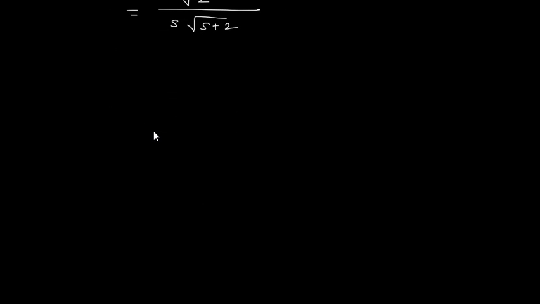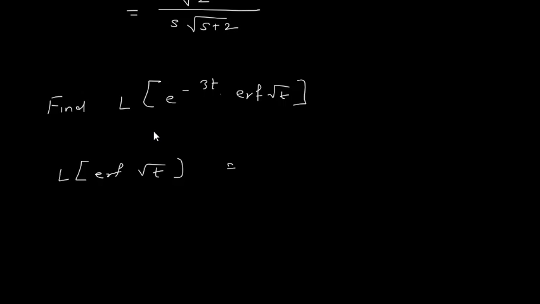Now there are problems like find Laplace transform of e power minus 3t error function of root t. First I will find Laplace of error function of root t, which is 1 upon s root of s plus 1.